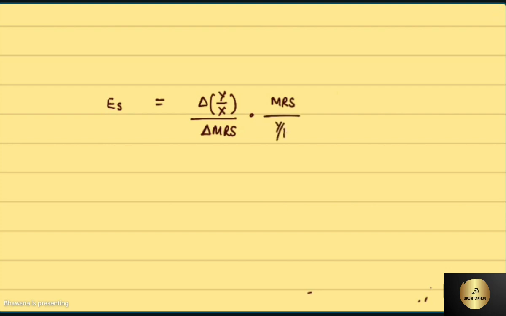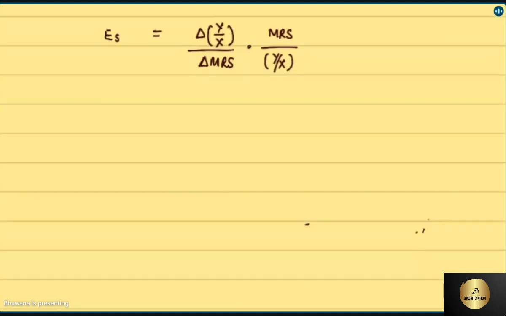So in expanded form we'll write this function as ES, like our other elasticity formulas, del YYX, sorry, Y/X, to the del MRS. There is a change in Y/X as a result of change in MRS, and your MRS divided by Y/X. This is the formula for ES.